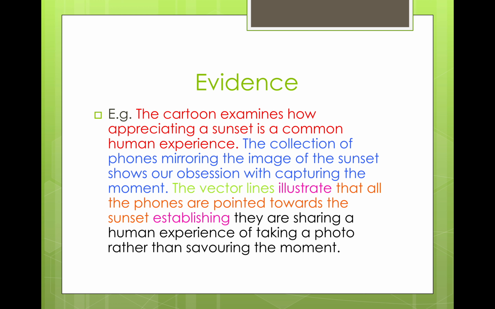They are sharing a human experience of taking a photo rather than savoring the moment. That's quite a compact, tight example, and that would be worth a mark. If it was a 3-mark question, I could then go on and say other things, but you see the structure. I've got the human experience, the quote or evidence, the technique, an effect word, an explanation of that effect, another effect word, and a connection back to human experiences.